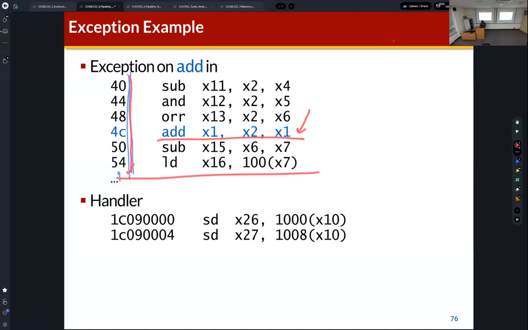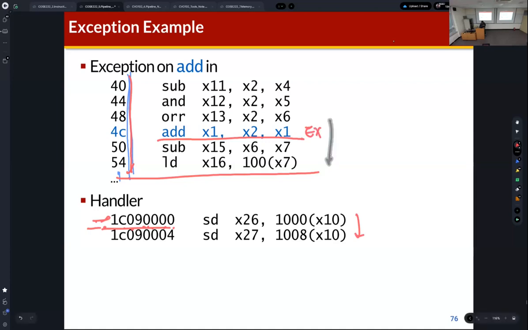Then this is the exception handler, and this is the first PC of the exception handler, which means that if an exception is detected, then the processor needs to jump to 1C090000.